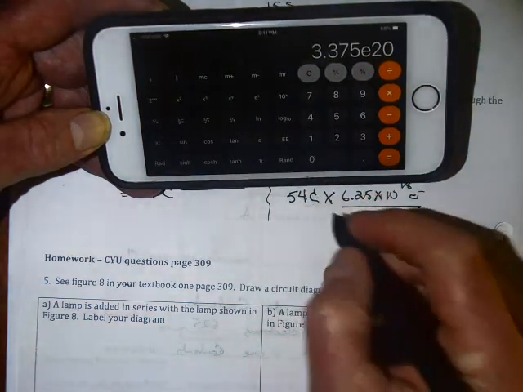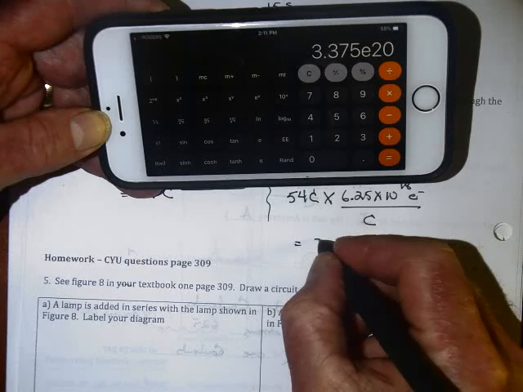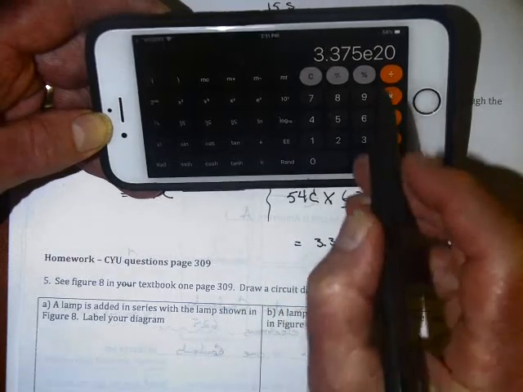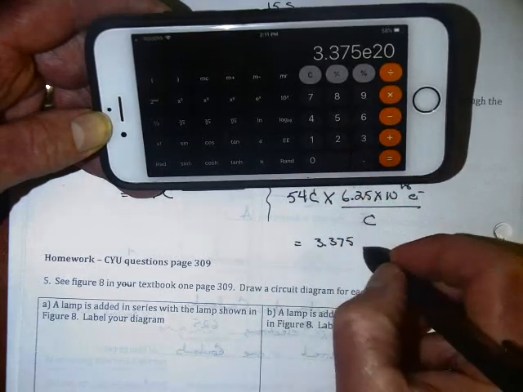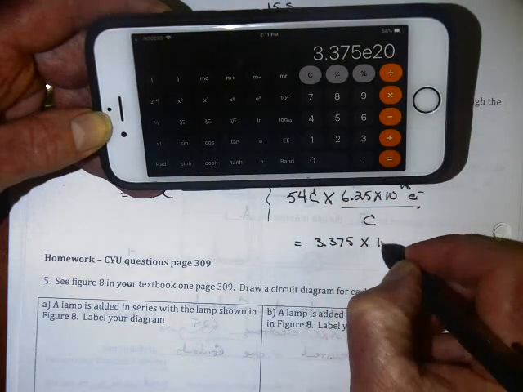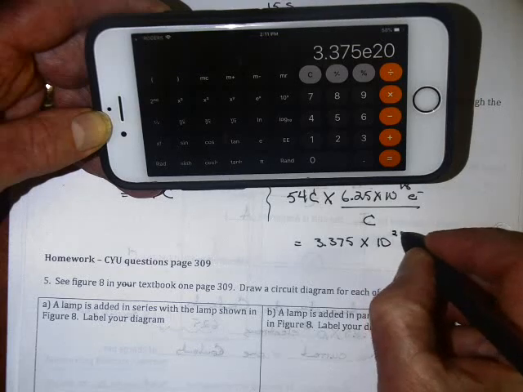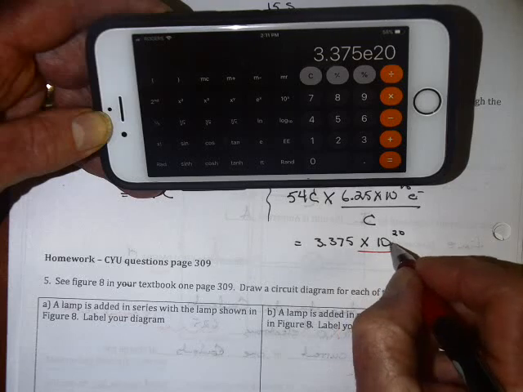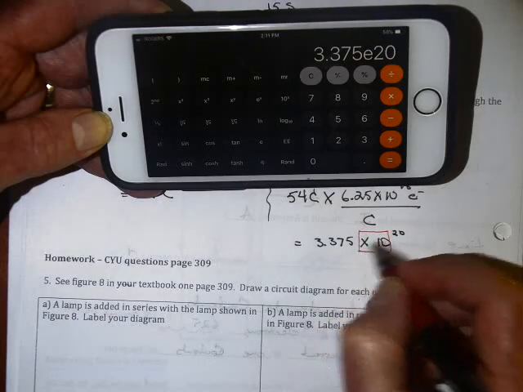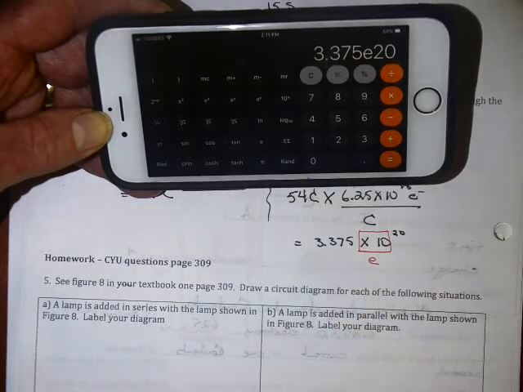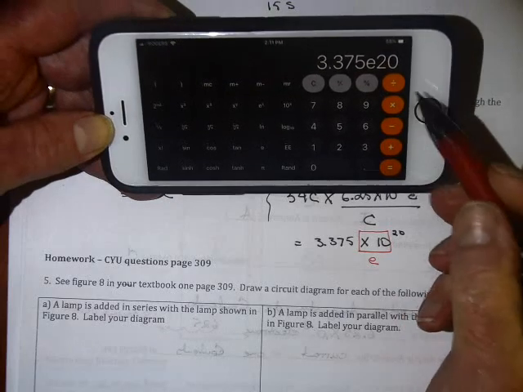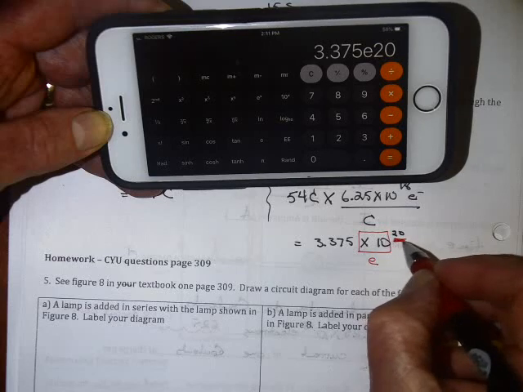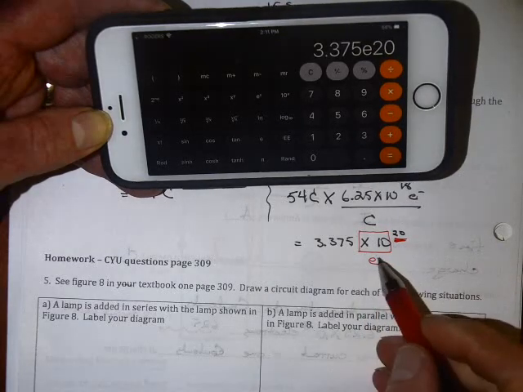And this gives me 3.375. The E means times 10 to the 20th. The number that follows is this guy here. That's a rather big number.